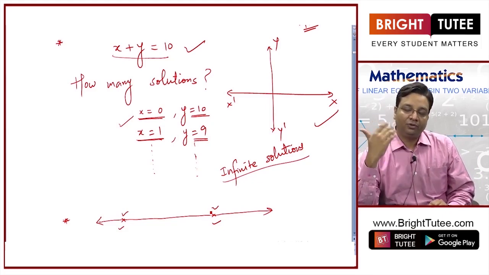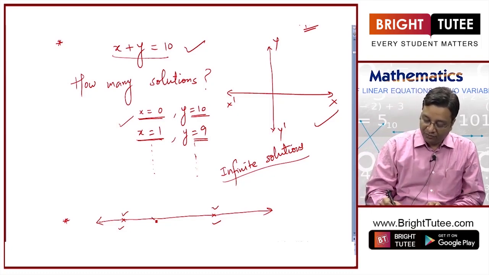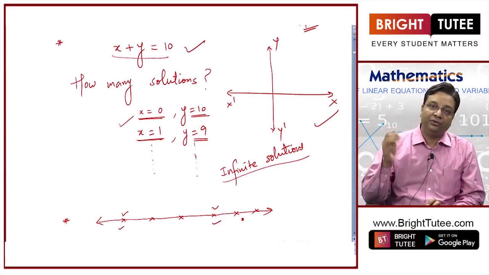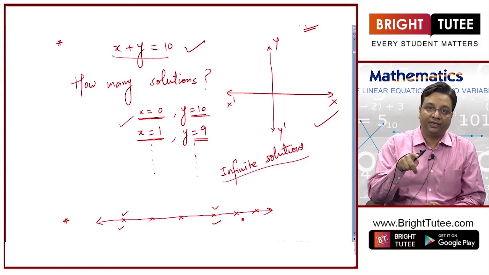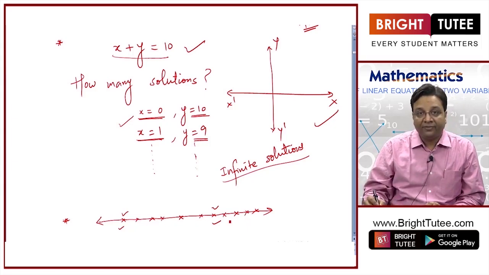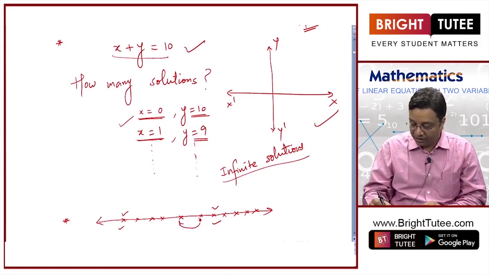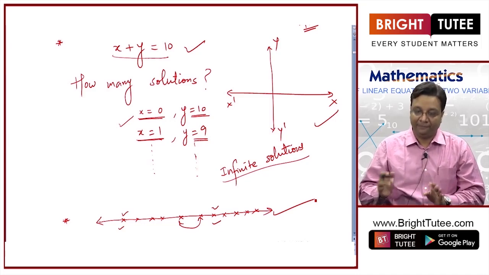You can have more than 2 points, that is okay, because on a line you will have infinitely many points. But if you are given only 2 points, you can find that unique line. There are infinite points on a single line, but out of these infinite points, if you have got only these 2 points, you can still find this line. That will be the same line.